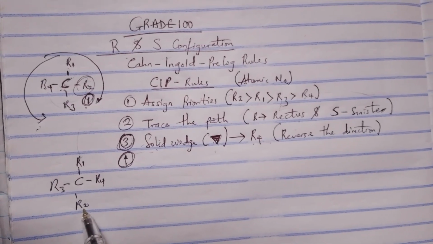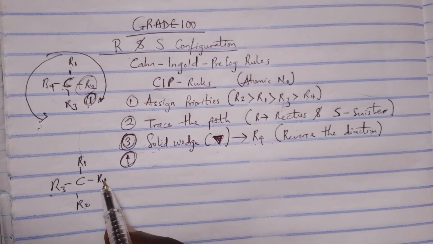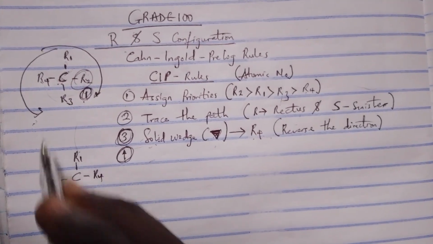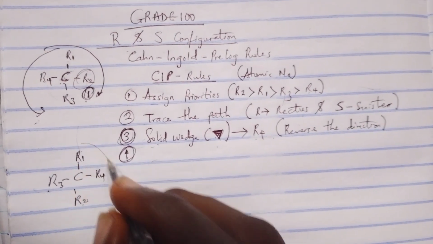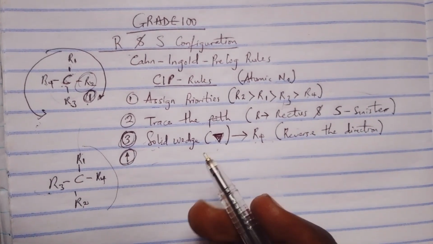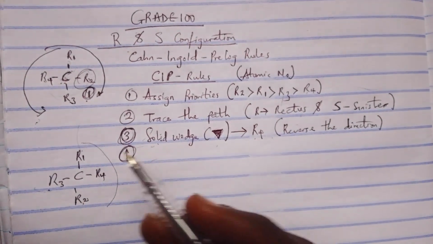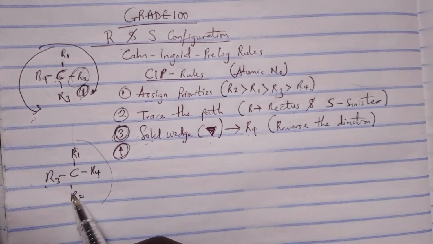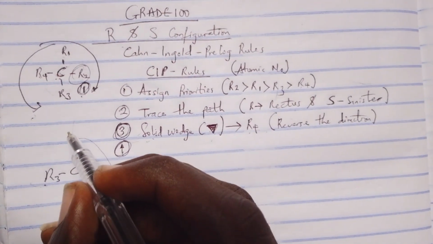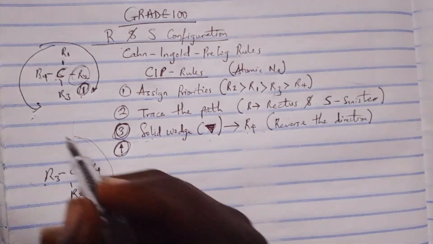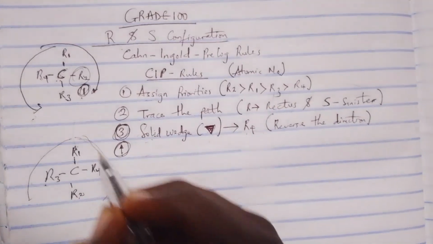Then the second is R2, the third is R3, and the fourth is R4. After assigning these, you have to trace out the paths, and it is not easy because you have your R1 here, you have your R2 here, and R3 and R4 are in between. Now, which direction do you go? Do you trace it out like this, or like this?